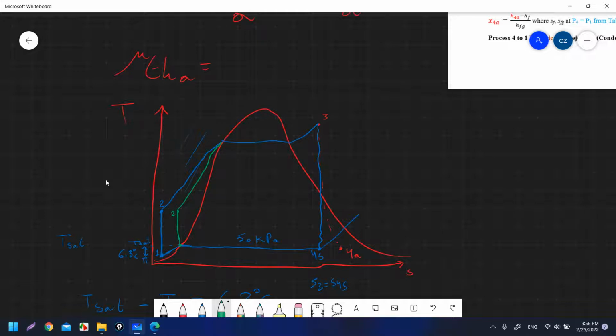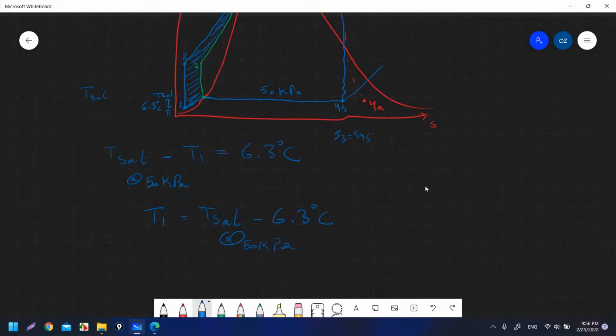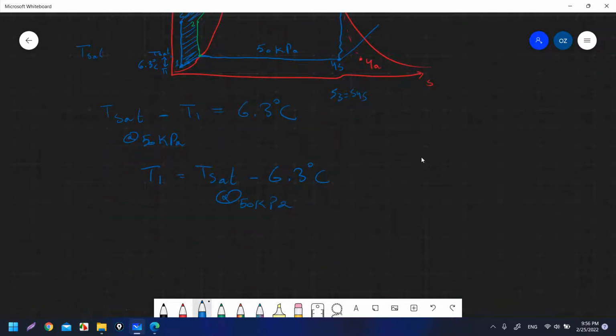As you can see, you lost a lot if you didn't do the subcooling. The subcooling will increase the area in this region. You cannot find it if you started with the saturated liquid. That is why they did subcooling in this question, and it is a good way to increase the thermal efficiency for the cycle. So by this we can calculate T1.